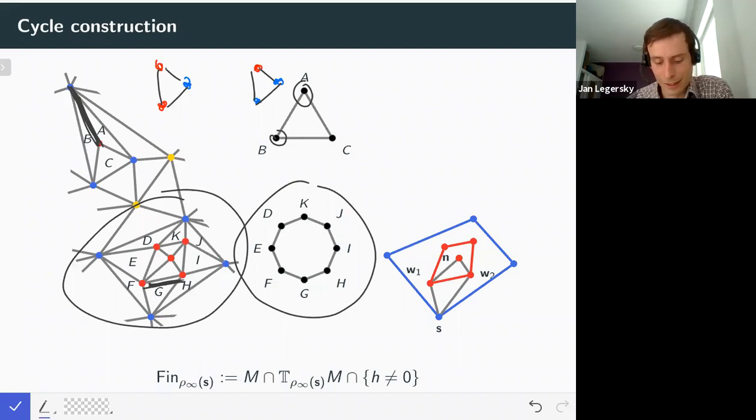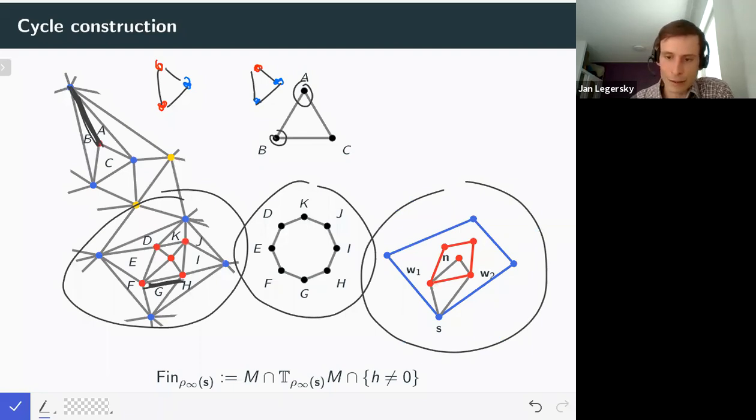And now I look at the blue and red vertices, and because I have a cycle, one can actually construct a closed walk of red vertices and a closed walk of blue vertices based on this cycle of triangles. So that's depicted on the right. And using the properties of Möbius embedding, we can prove something about the red vertices in my cycle.